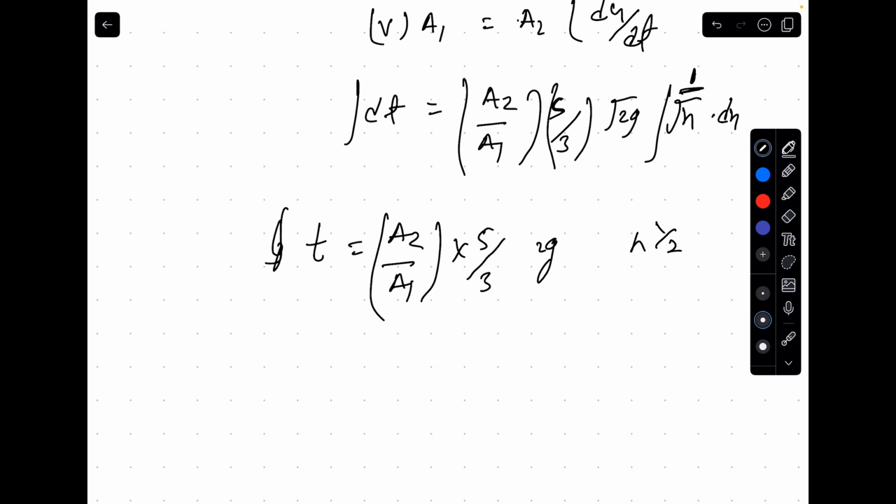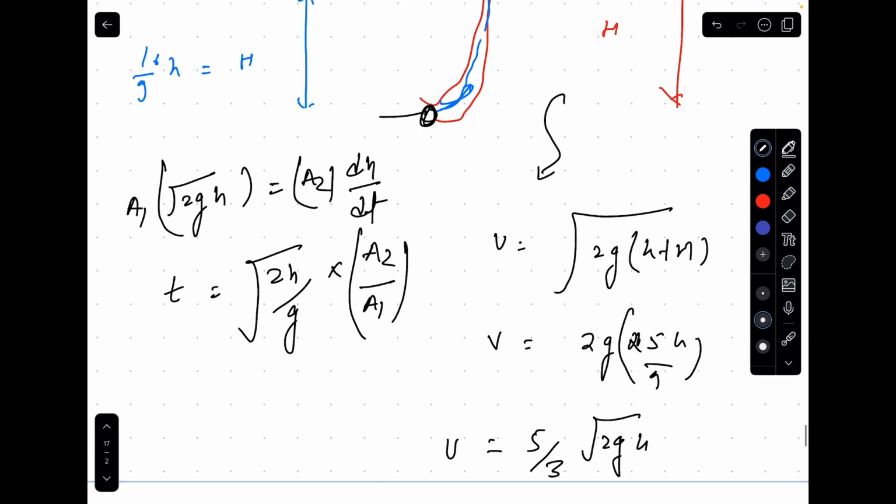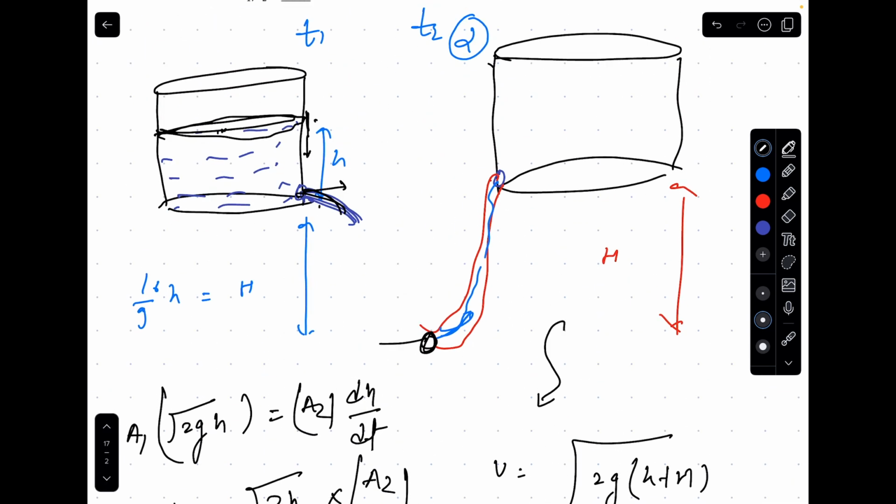Let me write it down. This was complete in the denominator, root 2g and the h. So root h integration is h to the power 1 by 2 divided by 1 by 2, multiplied by 2, and now the difference is in the limit. The lower limit will be this value and the upper limit will be this value.